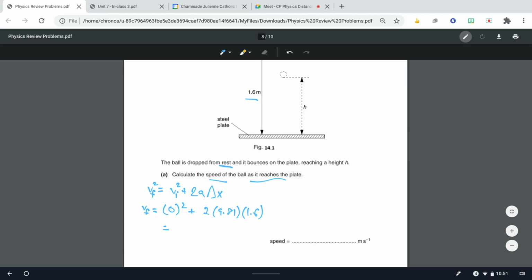And you take this radical of that, and that's going to give you 5.60 meters per second. So that was your answer to this part, right? So it was a simple free fall question, this one.